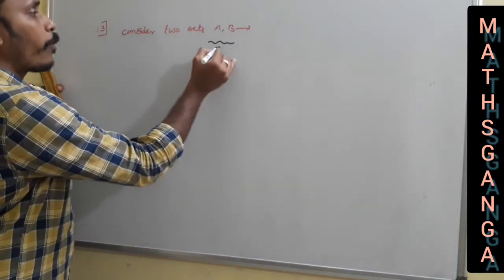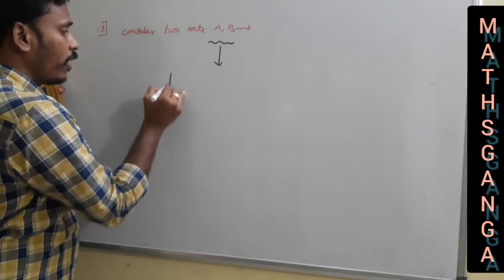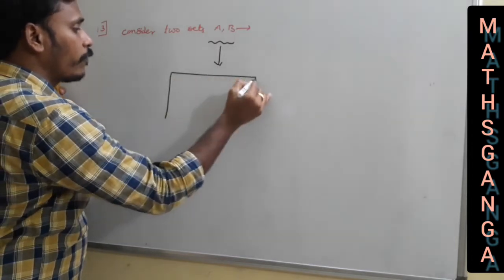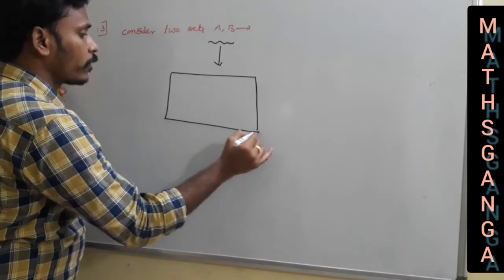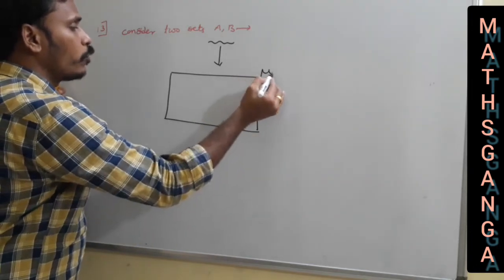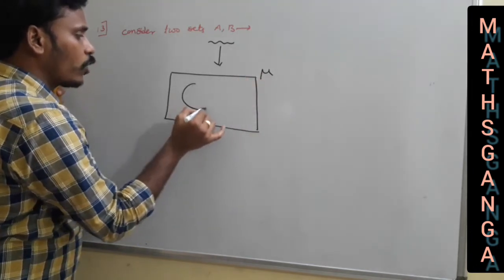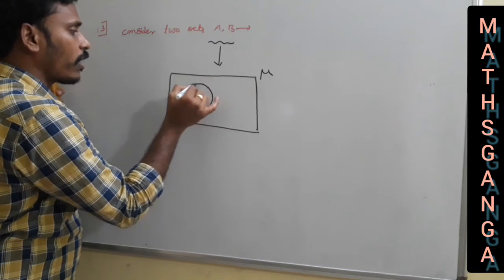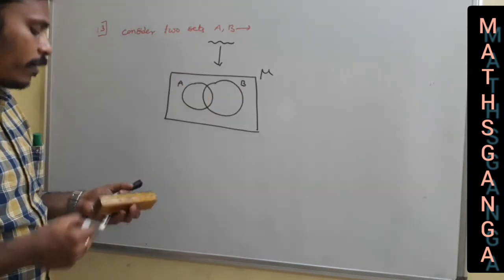If you have a rectangle for the universal set, mark it as mu, and I need to draw 2 circles, giving 4 regions.